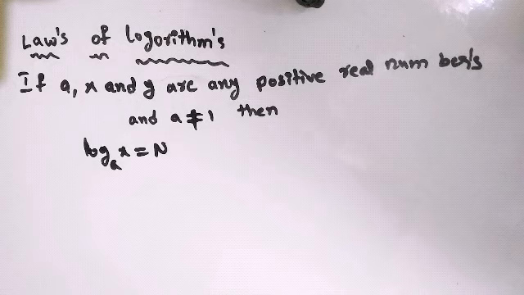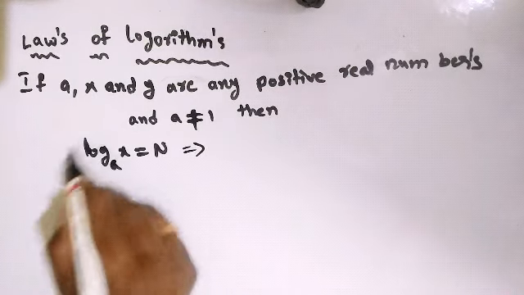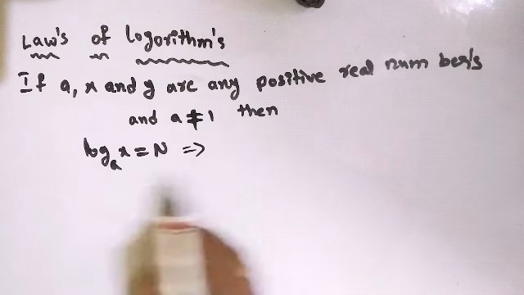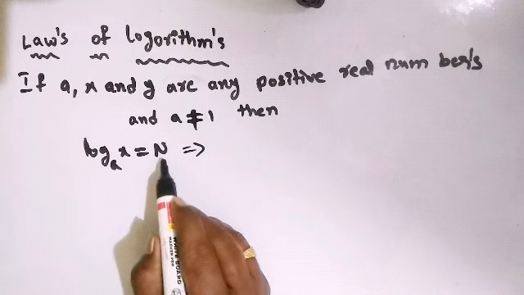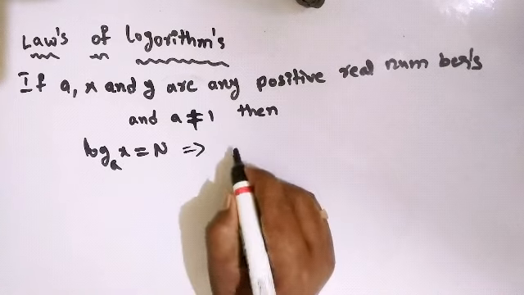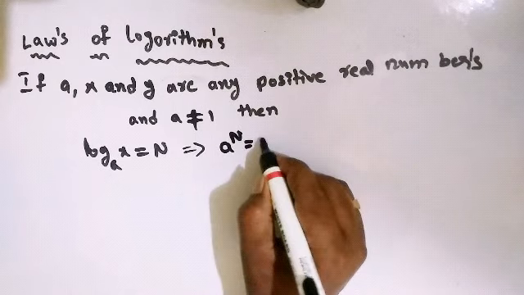If we have log base a x is equal to n, then when you send this log base a to the right side, it comes as the base here. The formula will be a to the power of n is equal to x.